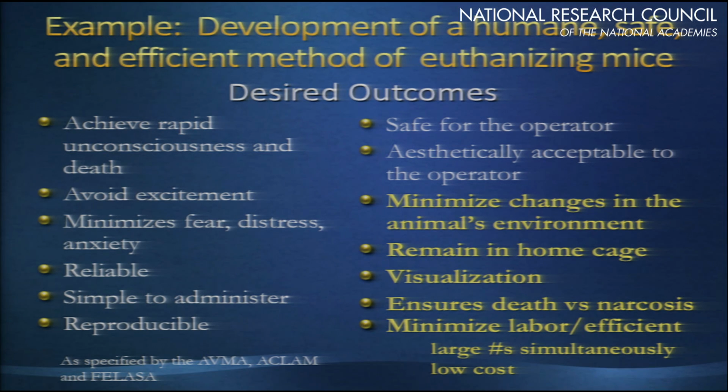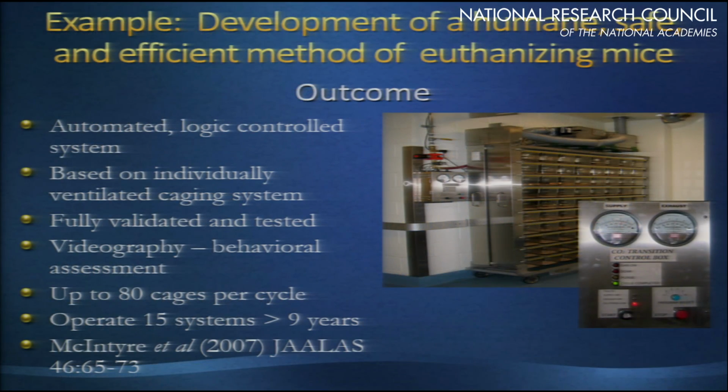The reality is, at an institution of our size, we're talking about large numbers of animals, and ideally it would be cost efficient. So, as I said, we had a highly harmonized program, and we used a single type of ventilated caging system.